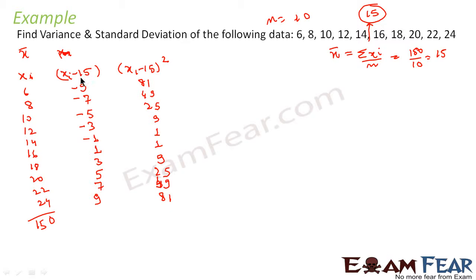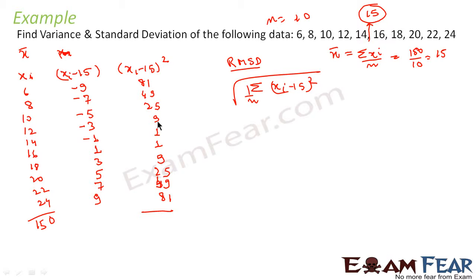Now the formula says root mean square deviation. Deviation we have got, we squared it, and now we find the mean of this, that is summation of xi minus 15 square times 1 by n.